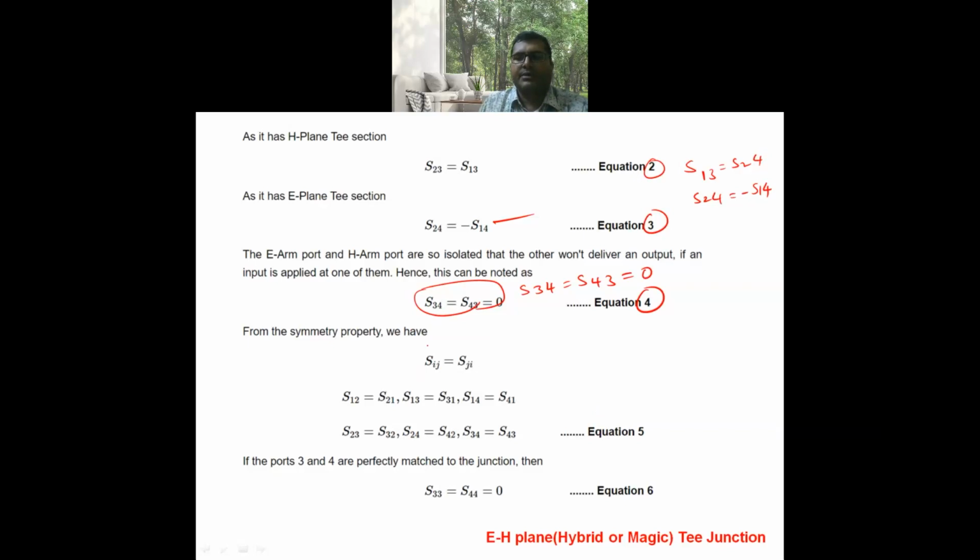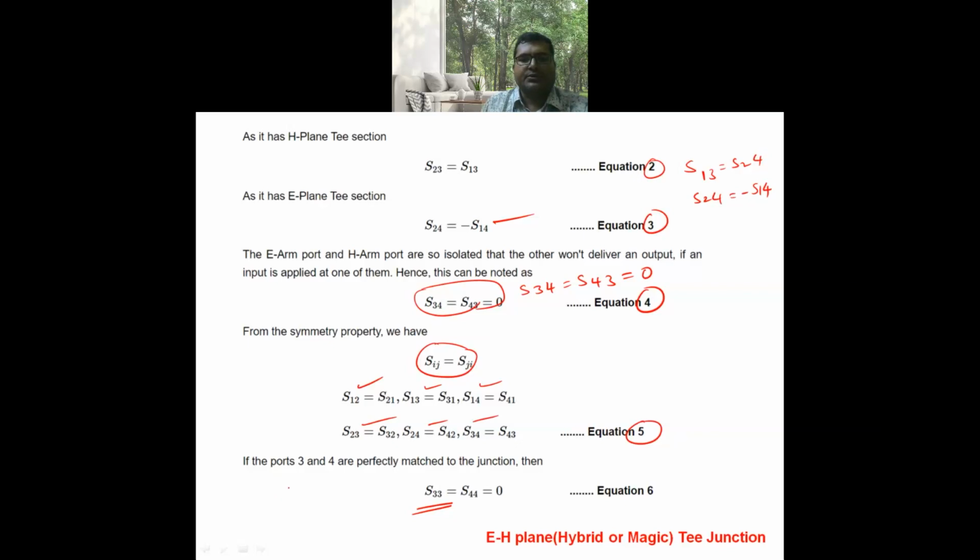One more important property of the S matrix is the symmetric matrix property: S12 equal to S21, S13 equal to S31, S14 equal to S41, and like that we get equation number 5. The same as we did in the case of H plane T and E plane T, ports 3 and 4 are for applying input.